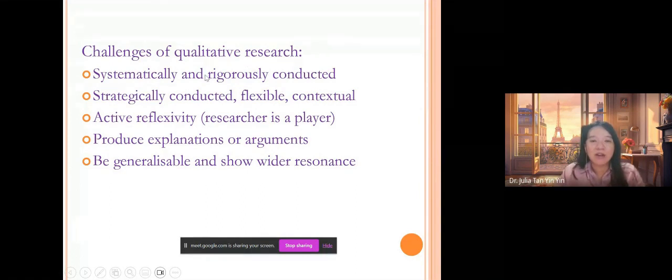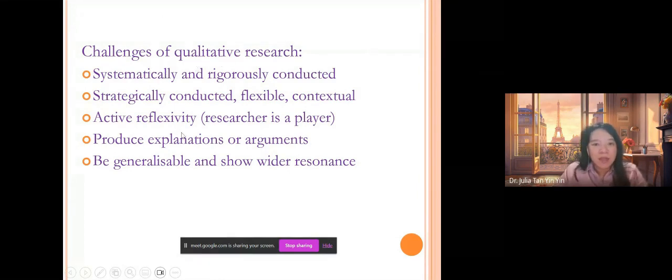So you need to transcribe it and analyze it. You can do it manually or using a system like Atlas.ti, like NVivo.